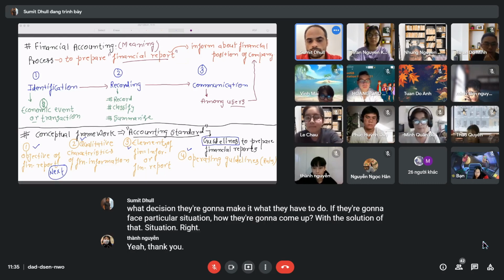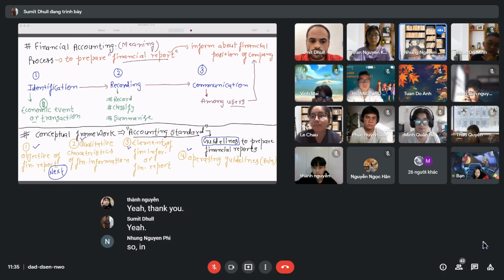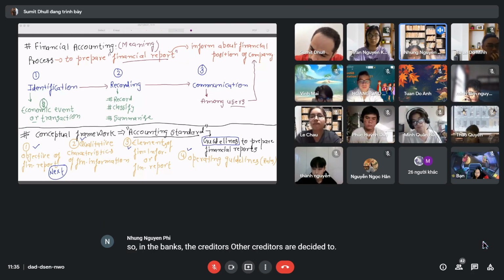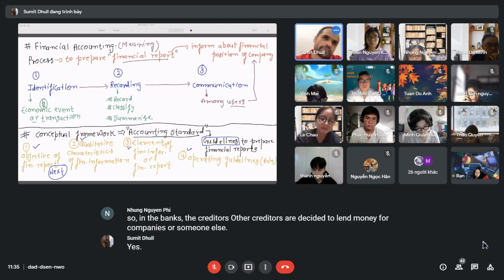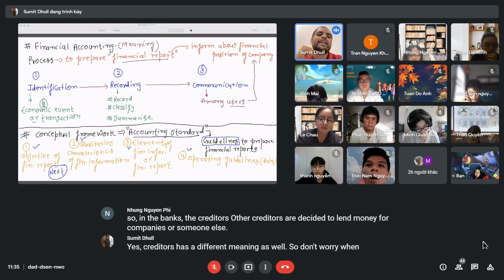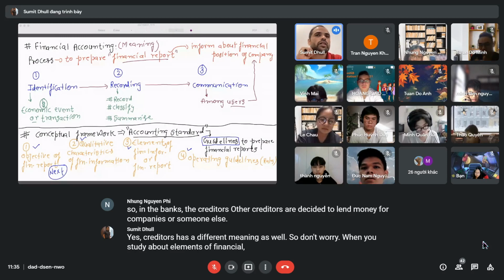Yeah. So in the banks, the creditors decide to lend money to companies or someone else? Yes, creditors has a different meaning as well. Don't worry, when you study the elements of financial information, then I will explain what creditors are.